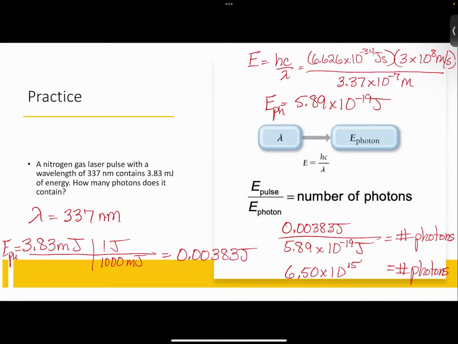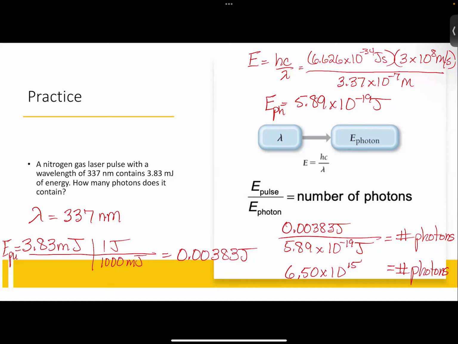So we had to get the energy of a photon using the energy is equal to hc over lambda. In using energy equals hc over lambda, I made sure that my unit was in meters for my wavelength so that the unit matched. That gave me the energy associated with the photon. Then I took the energy of the pulse in joules divided by the energy of the photon in joules, and that gave me my number of photons.